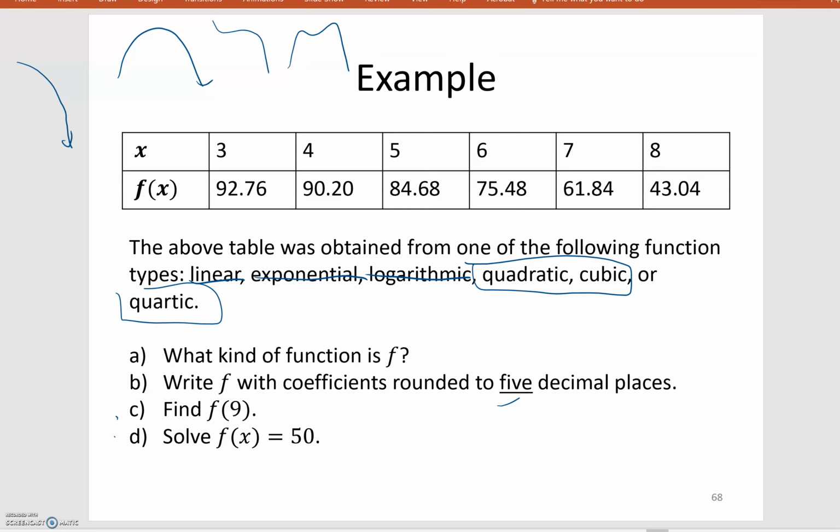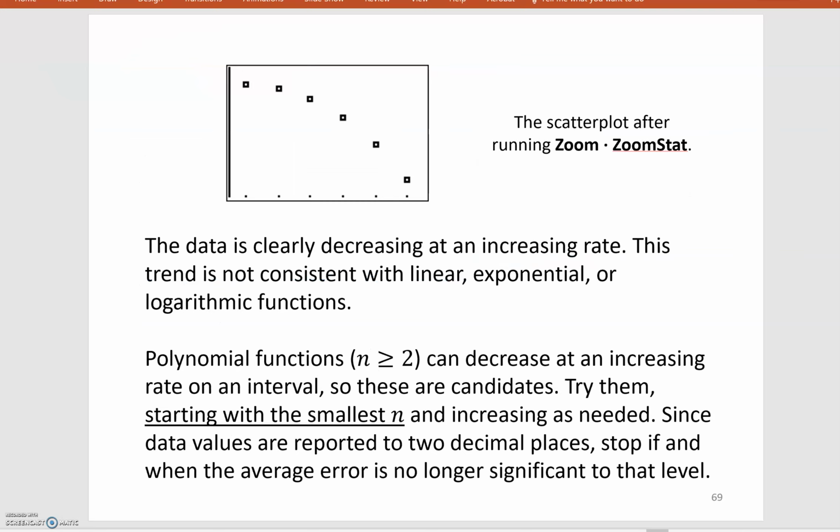Now, how do we pick which one is the best? So I guess we'll start off with quadratic, and as this slide discusses, the method we're going to use is the following. We'll start with the smallest n, which would be 2 for quadratic.